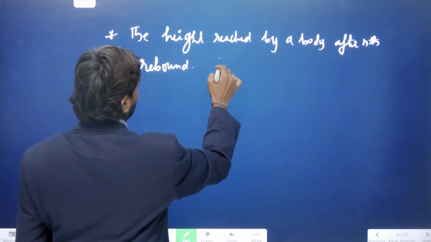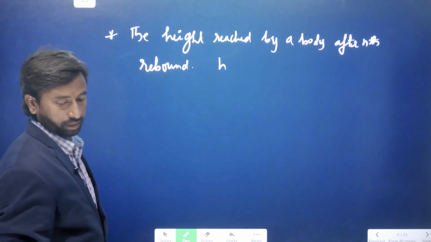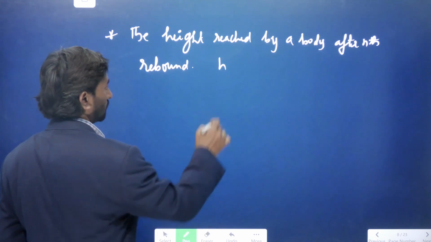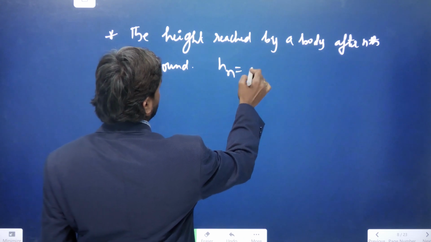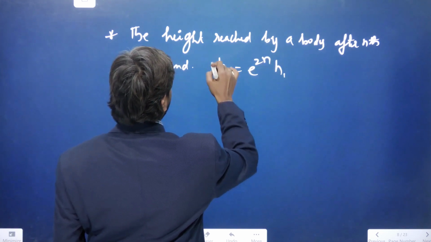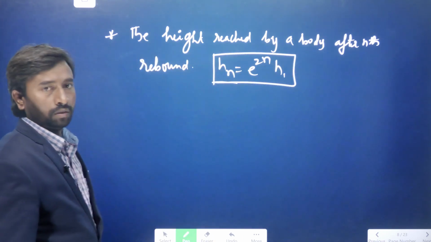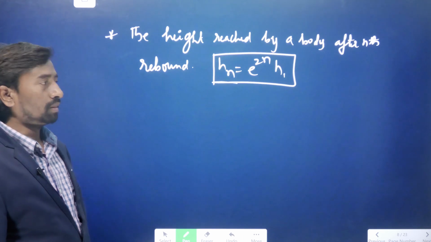So that can be written as Hn, height H2 we can write there. Or we can write Hn is equal to e power 2n into H1. We can write this one. So this is the expression for the height reached by a body in nth rebounds there.